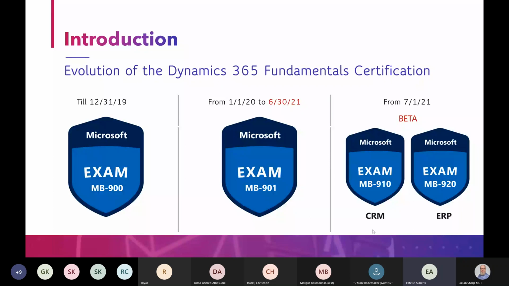So it's your choice, because even if the exam MB-901 is going to be retired at the end of June, it's still available, and it's a good way to get this certification with only 1 exam instead of 2. And later in my presentation, you will get why it could be important to pass the exam before the end of June.